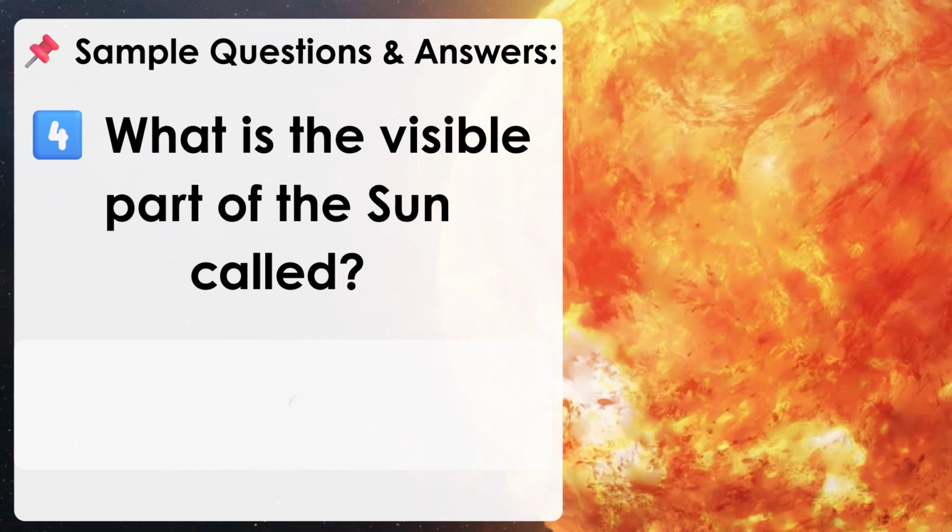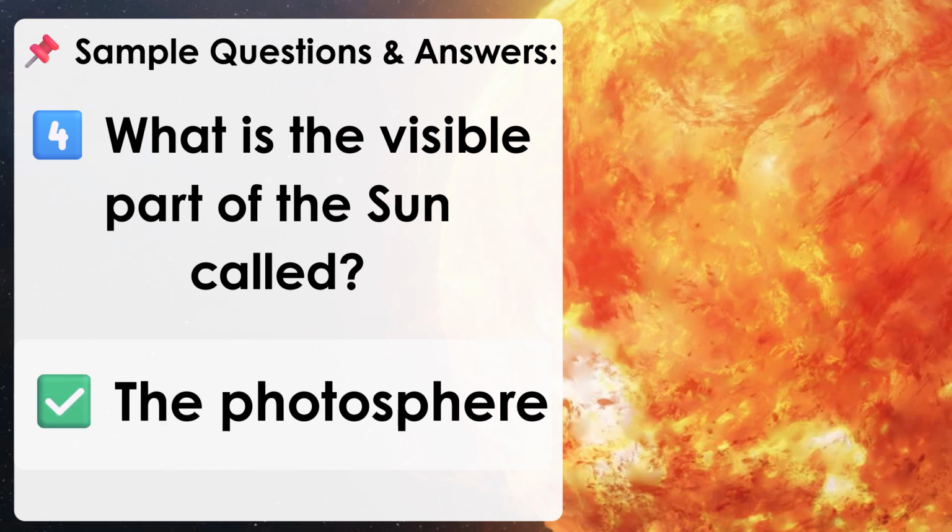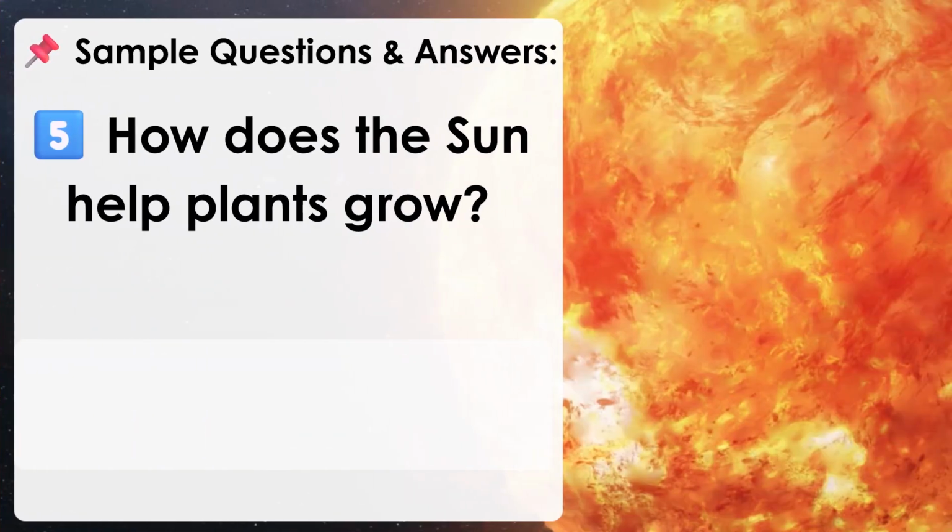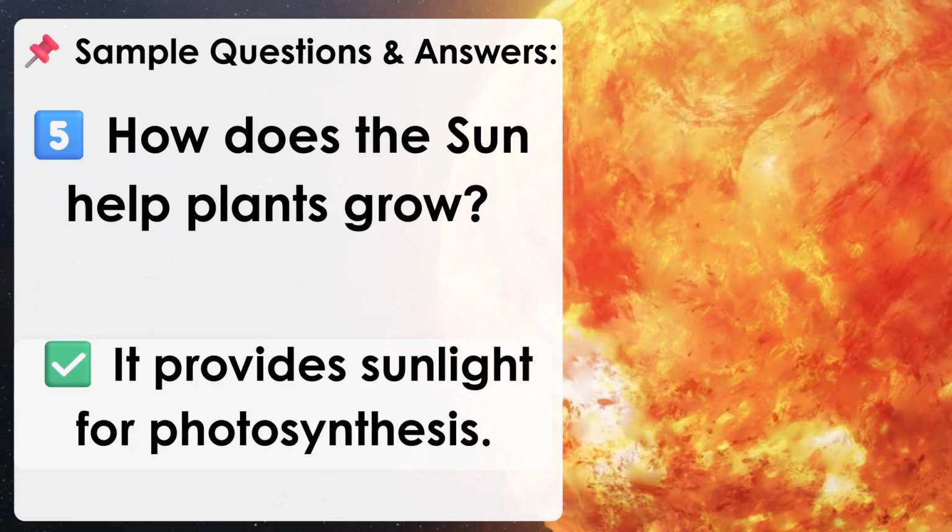The answer: the photosphere. Number 5. How does the sun help plants grow? The answer: it provides sunlight for photosynthesis.